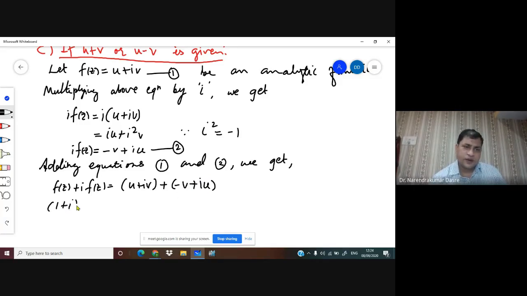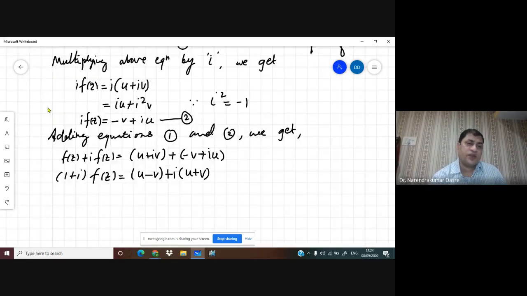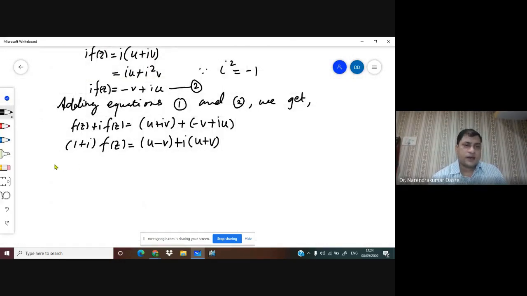So we get (1 plus i) times f(z), and this is equal to (u minus v) plus i times (u plus v). So you can see I got these terms u plus v and u minus v, and hence I can write this as (1 plus i) times f(z) is equal to capital U plus i capital V. This is equation 3.